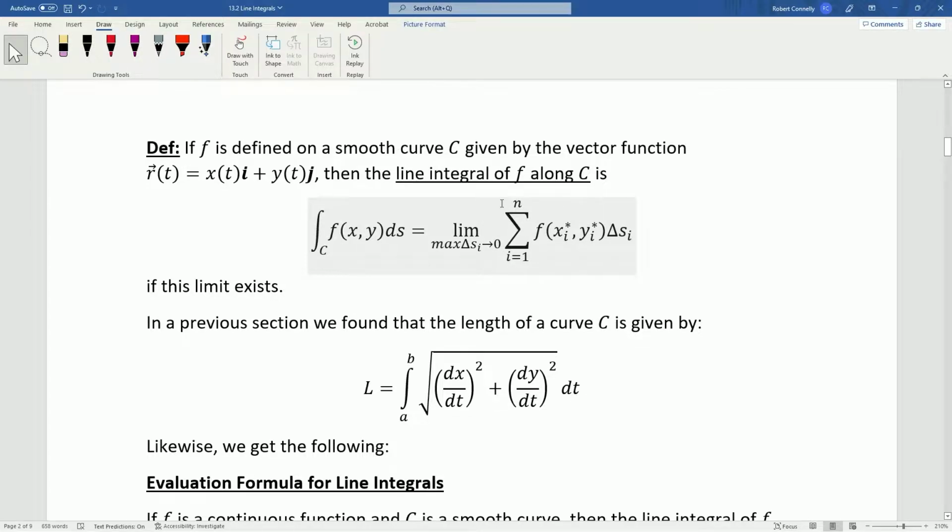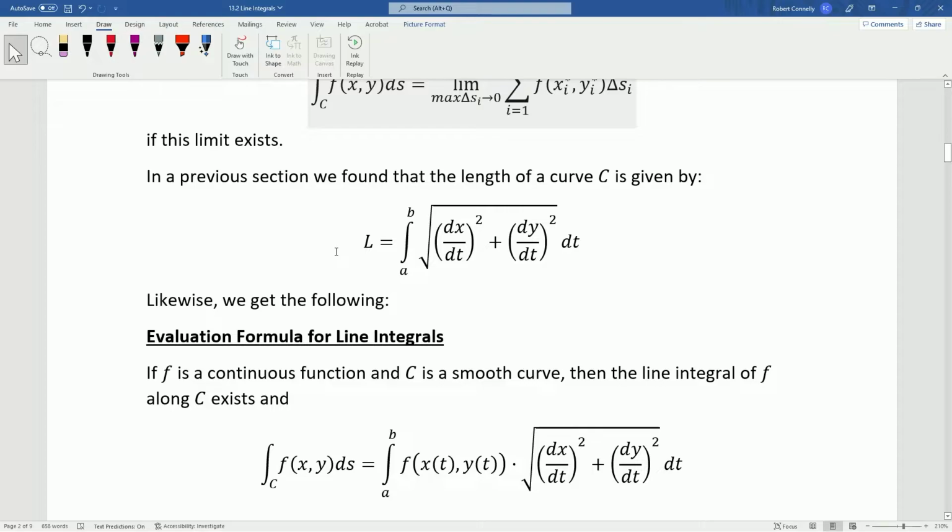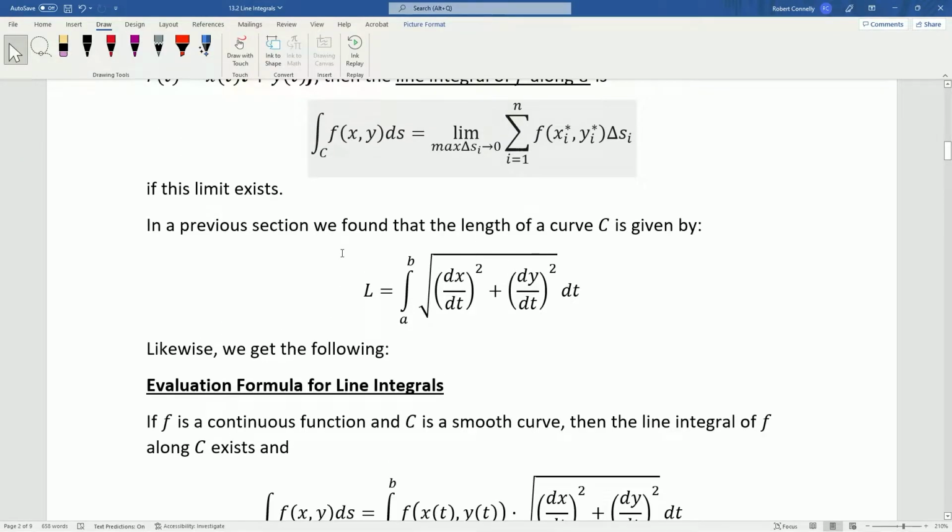Now, of course, these Riemann sums can always be pretty difficult to evaluate, so we would like to be able to evaluate these using our regular theorems from Calc 1, Calc 2, and this class. So in a previous section, we found that the length of a curve is given by L equals the integral from a to b of the square root of dx dt squared plus dy dt squared, dt.